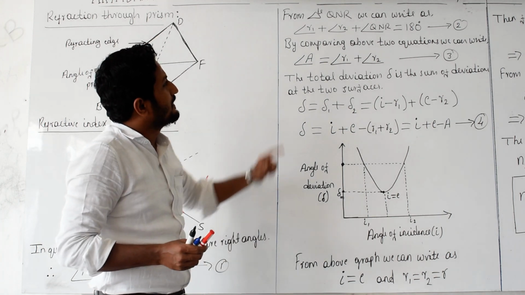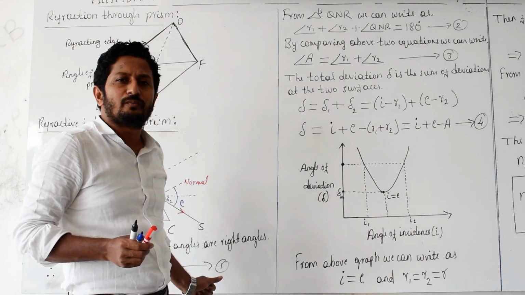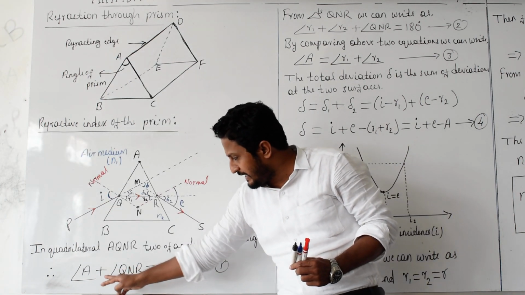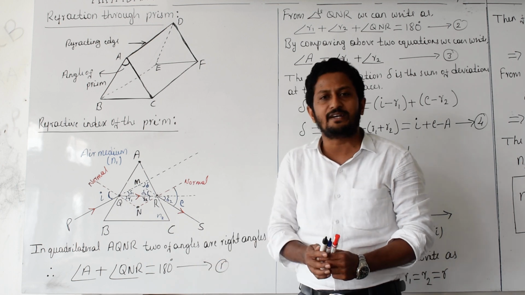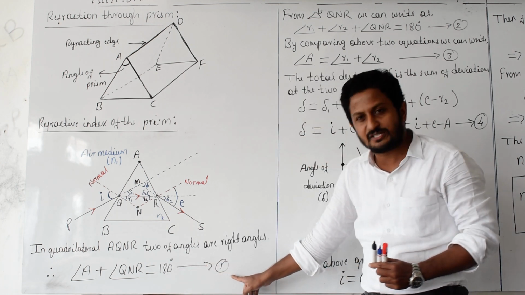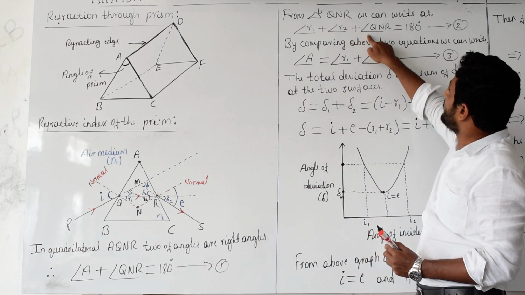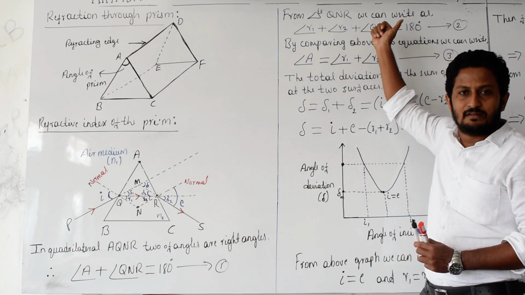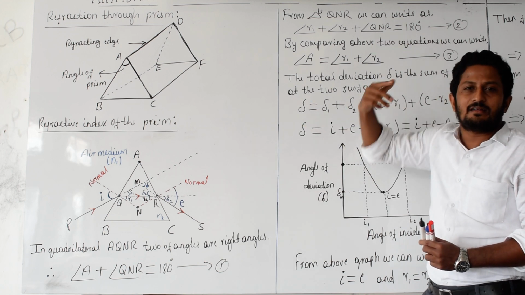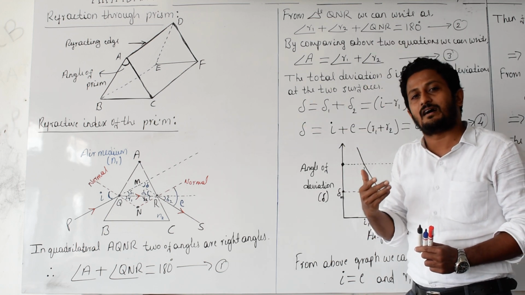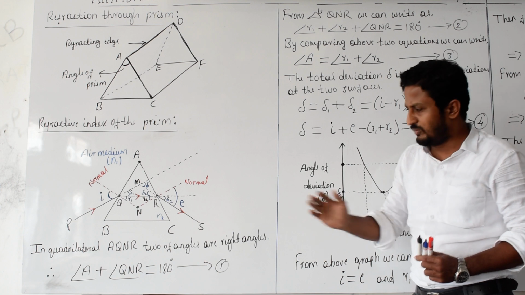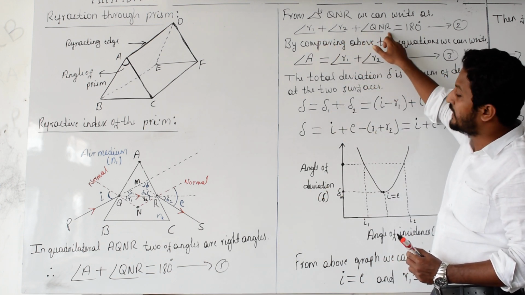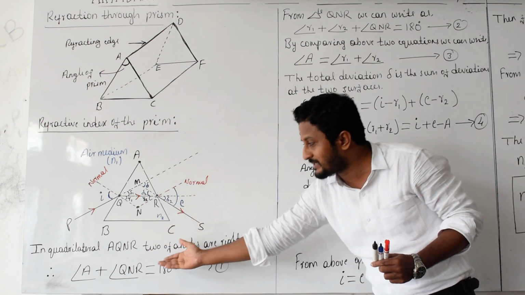Then compare equation 1 and 2. In equation 1 you have written angle A plus QNR equals 180 degrees. Look at equation 1 and 2. The RHS is 180 degrees, 180 degrees. If the RHS are equal, then the LHS are also equal. Then R1 plus R2 plus QNR is equal to A plus QNR.